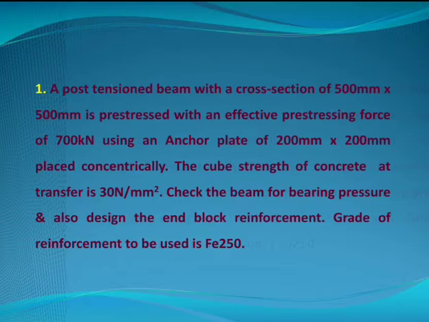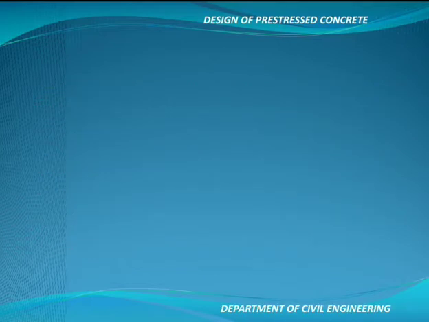The anchor plate is kept exactly at the center of the beam and there is no eccentricity. The cube strength of concrete, the fck or fci value, is given as 30. So we have to check the beam for bearing pressure first and then design the end block reinforcement. So let's start with the solution.